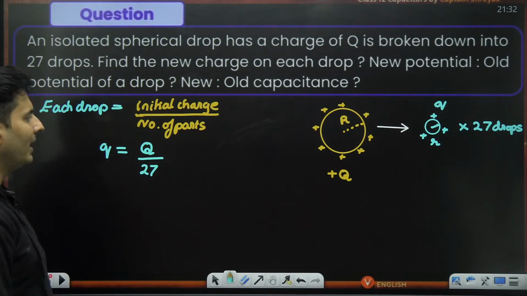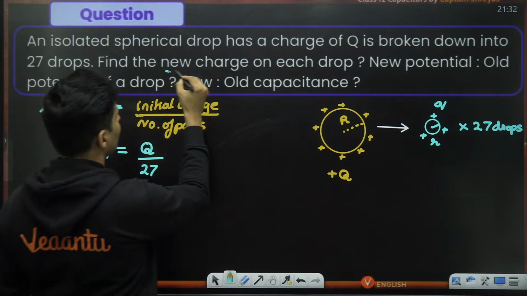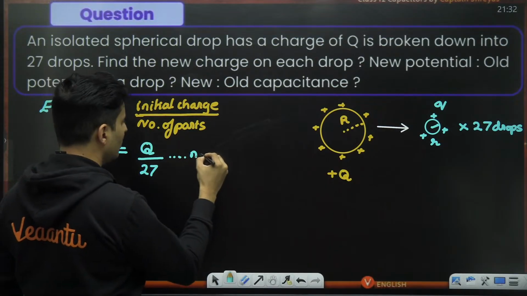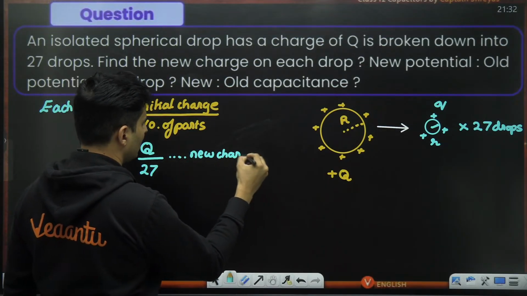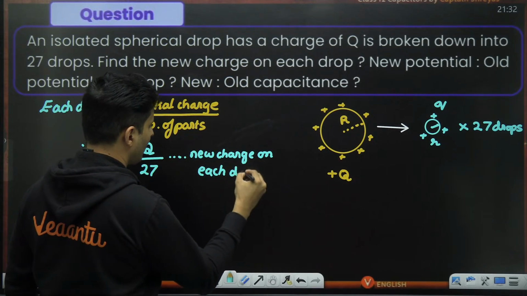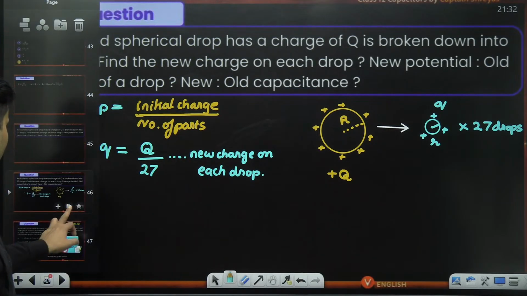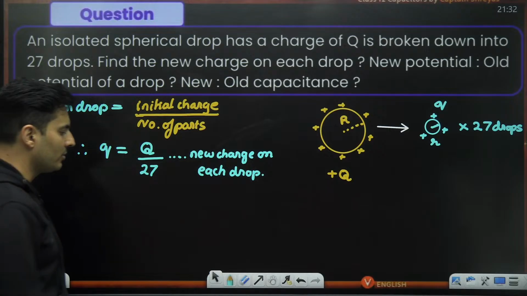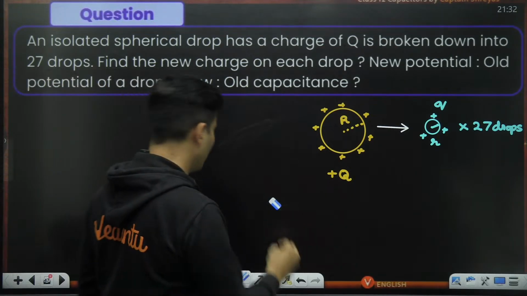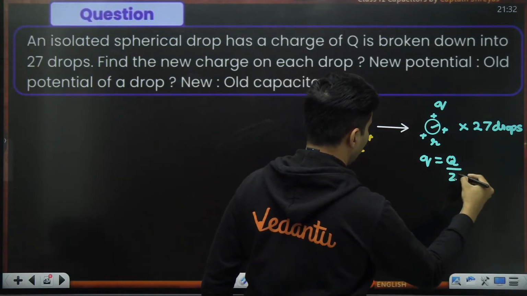So it will be Q by 27. So this is the new charge on each drop. Okay, so this much is sorted. Now let's go to the next one. I'll just put over here this small q is capital Q divided by 27.